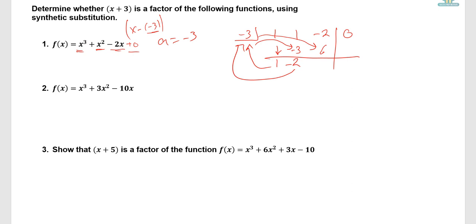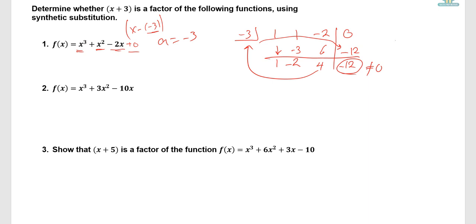Minus 2 plus 6 is 4. 4 times minus 3 is minus 12. 0 minus 12 is minus 12. So since the remainder is not 0, that means x plus 3 is not a factor of this polynomial.